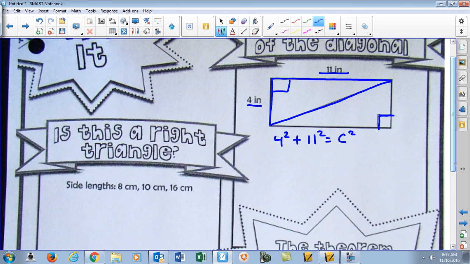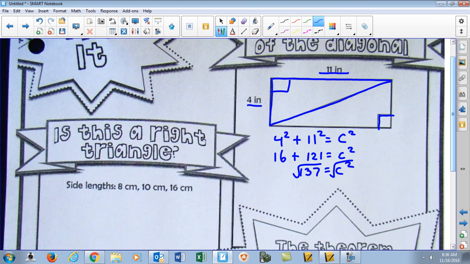So, what's 4 squared? 16. And 11 squared? 11 times 11 is 121. If I add 16 to 121, I get 137, so 137 equals C squared. Every time I get to here, I take the square root of both sides.